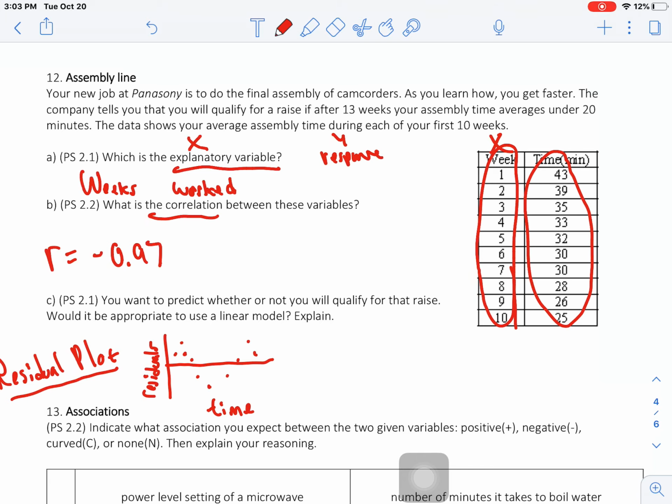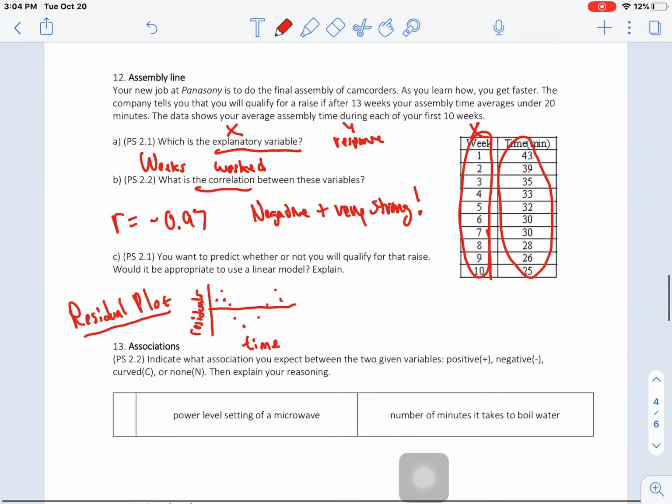And of course, this tells us that the correlation is negative and very strong. Right, so there's a very strong correlation between the weeks that you worked and how much time it takes you to make these parts in the assembly line.